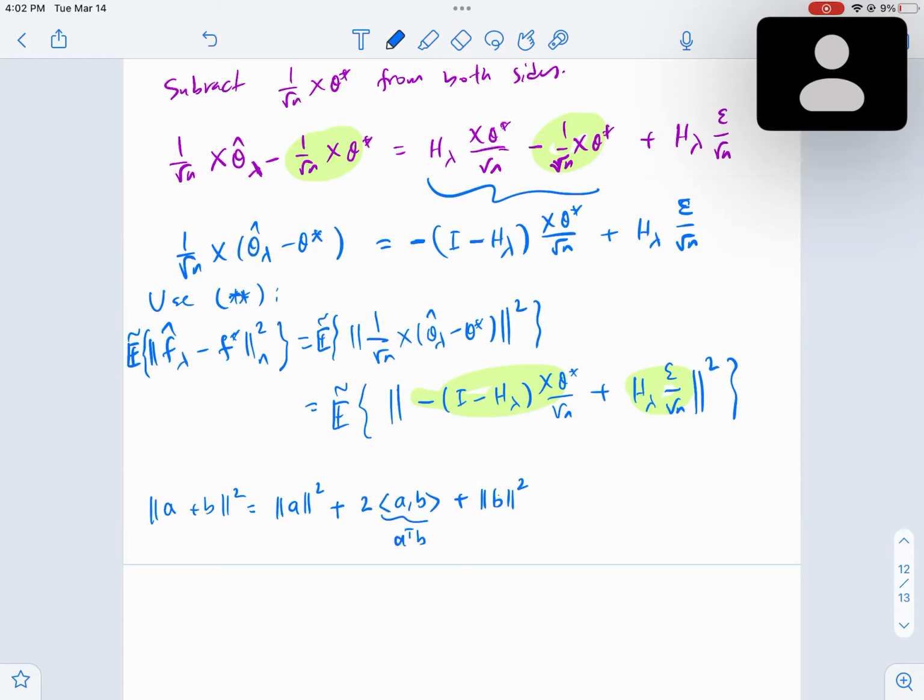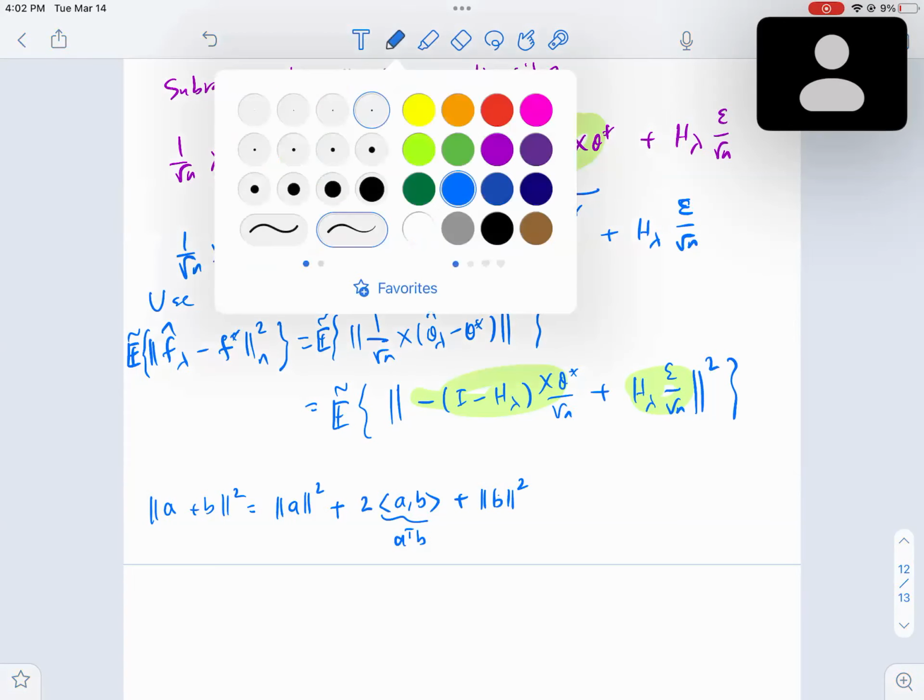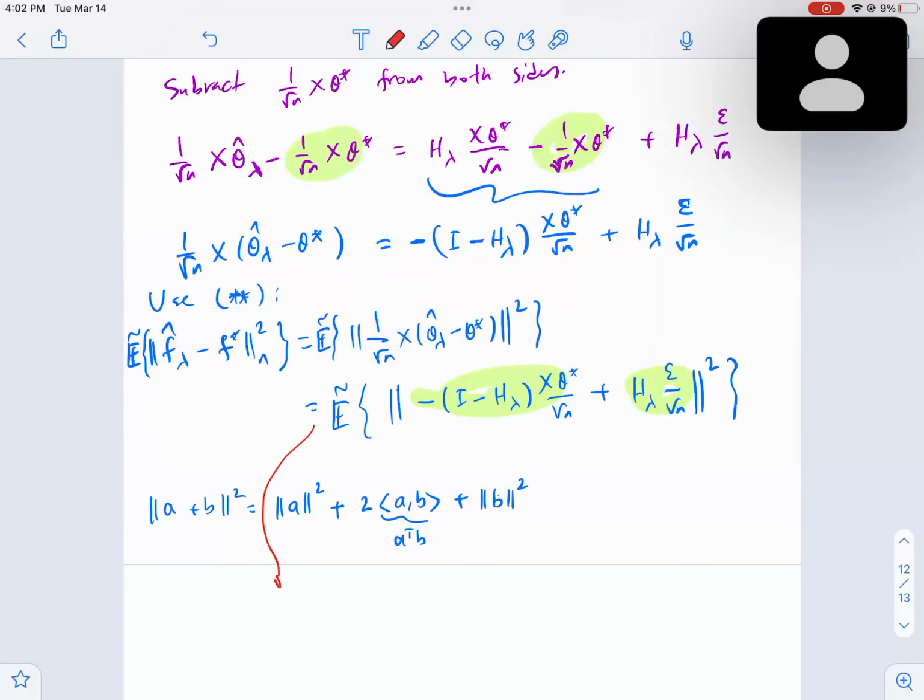Take expectation, and somehow you have to argue that the cross term vanishes, and then I get something which looks like this. This gets us the expectation of the first term. The first term is constant, so the first term is squared, the sign goes away, so I get norm of I minus h lambda x theta star over root n squared, plus expectation of the second term squared, h lambda epsilon over root n squared.